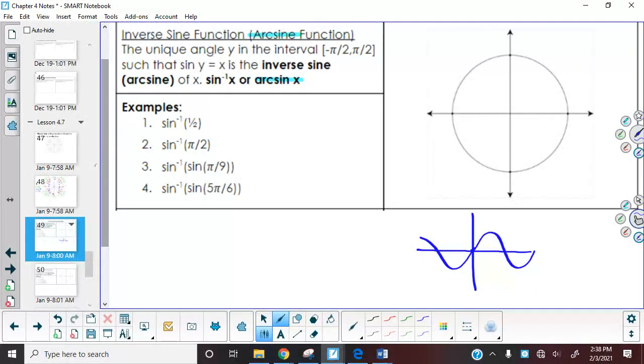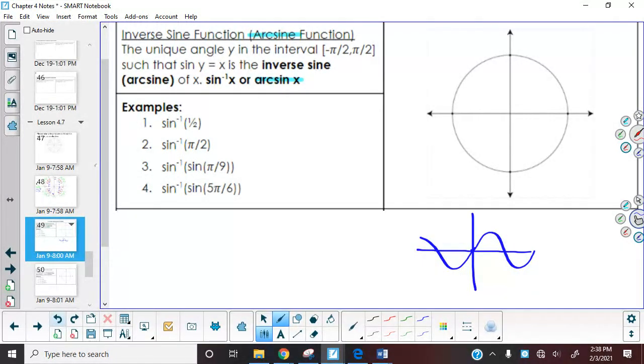Now, the inverse function as a whole is not going to be a function because it fails that vertical line or that horizontal line test. Okay, so remember, if the inverse function is going to be a function, the original has to pass a horizontal line test, which we see that it fails.